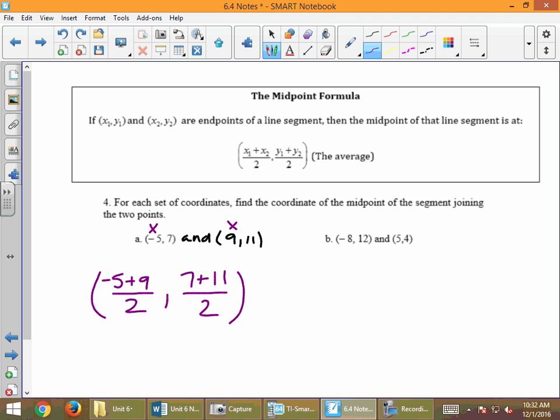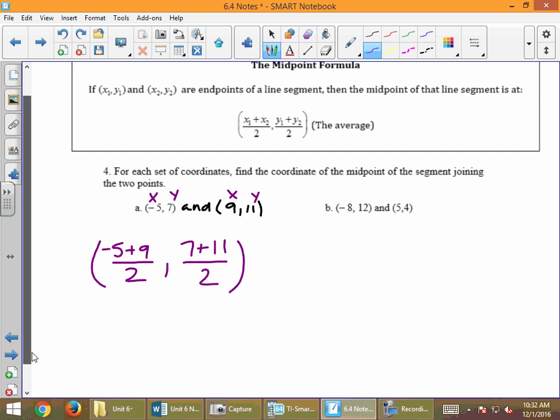And again, if it helps, label. This is a y, this is a y. It really doesn't matter which one's your x1 and your x2. Doesn't matter which one's your y1 and your y2. You just add them together. Then clean it up. What's negative 5 plus 9? 4. And what's 7 plus 11?